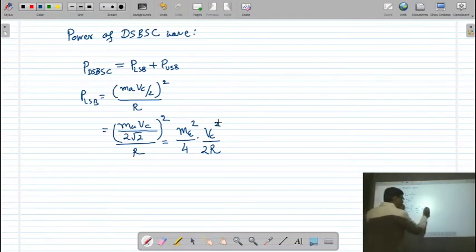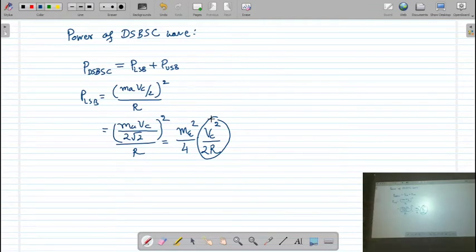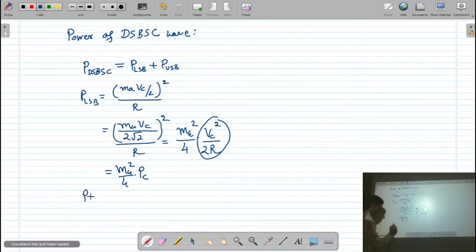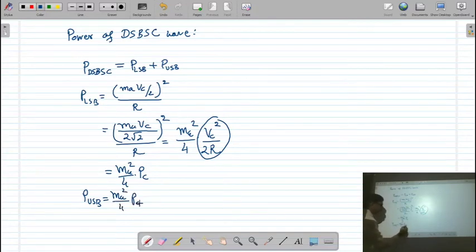And Vc square by 2R is nothing but the carrier power, Pc. So we can say ma square by 4 into Pc. This is the power of the lower sideband. In the same way, the power of the upper sideband is also ma square by 4 into Pc.